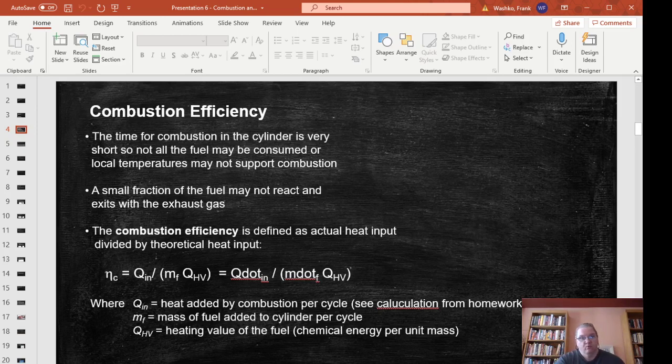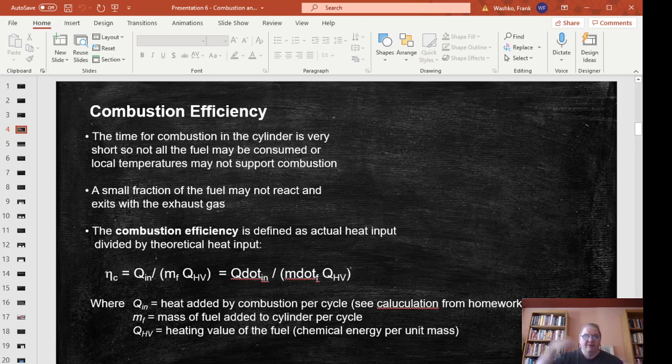So we can define this term combustion efficiency as the amount of heat input divided by the mass of the fuel times the heating value of the fuel. What that would tell us is, Q in comes from the thermodynamic stuff that we did in the first or second lecture.